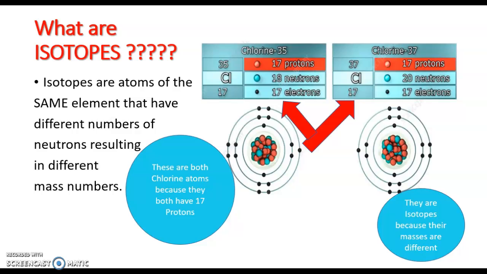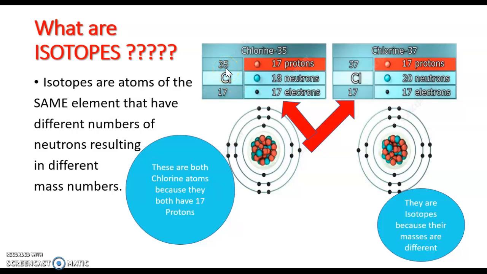So from a definition standpoint, remember that we said that isotopes are atoms of the same element that have different numbers of neutrons, resulting in different mass numbers. So on the screen right here, I've chosen chlorine as my example element.